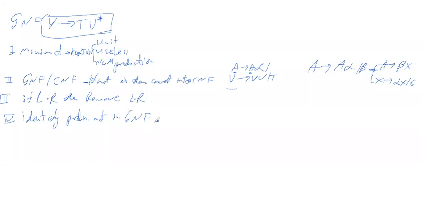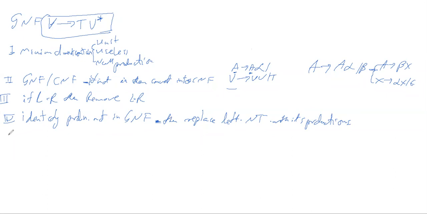Then what we have to do? Replace, or substitute, the leftmost non-terminal in the production rule with its production. This is a step.